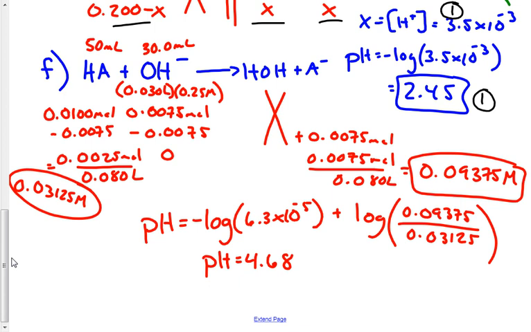Anybody else? What do I do? Because that's technically not the answer. 10 to the negative. Please, I saw a few of you on your test do e to the. Careful. That's not that. It's the opposite of log.